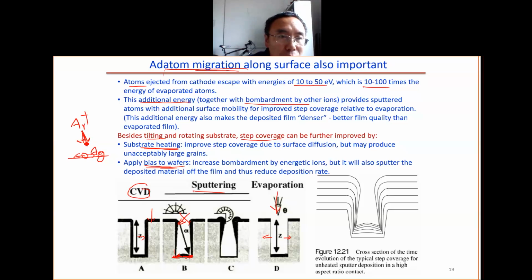Here we have ions bombarding the wafer. This more energetic bombardment also helps the atoms move around and gives better step coverage. But this will reduce the deposition rate because some of the silver will be sputtered away. This gives you a smaller deposition rate.